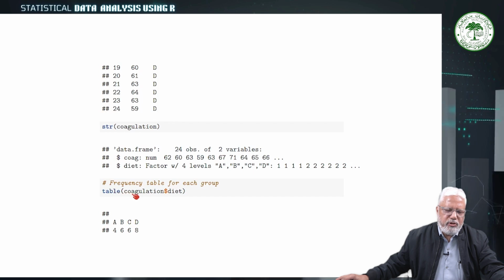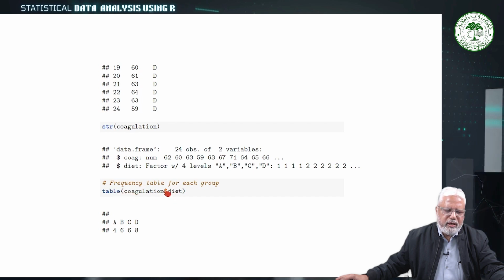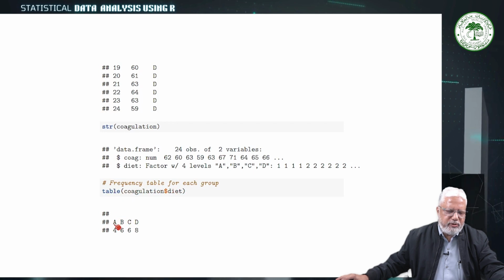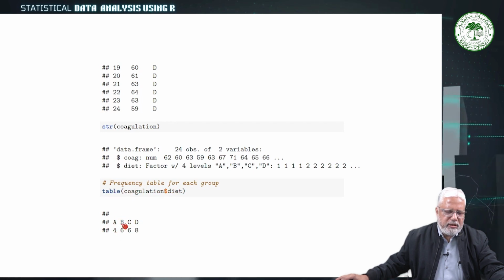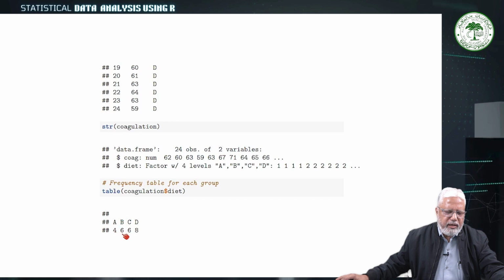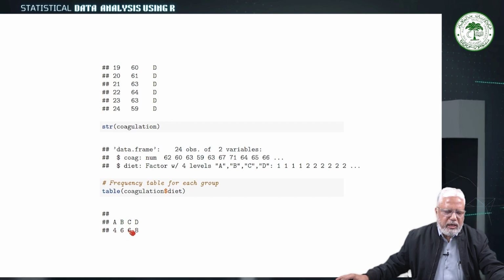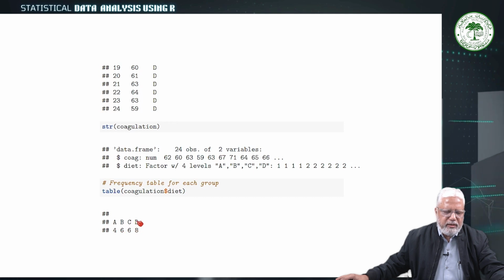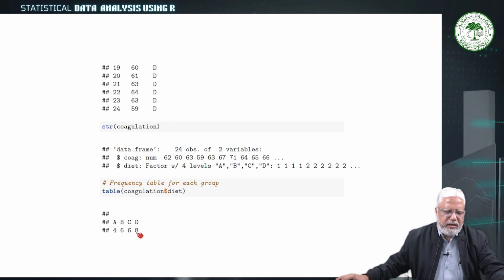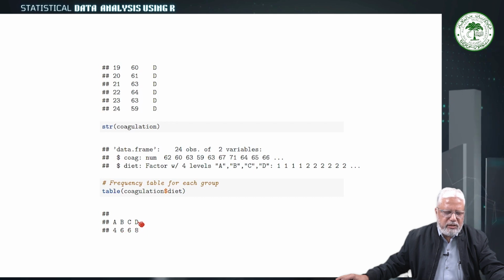Then table(coagulation$diet). We are making this frequency table of diet. How many observations are there in group A? There are 4 observations. In group B, 6 animals have been given type B food, 6 animals have been given type C food, and 8 animals have been given type D food.